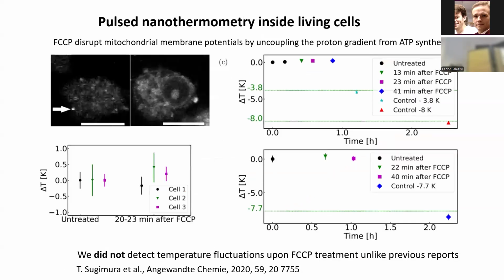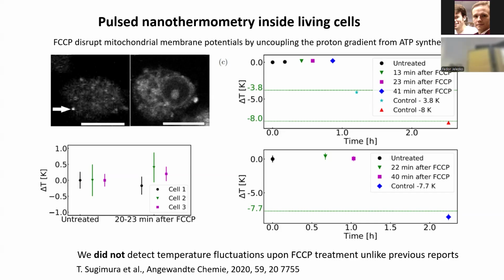And so now with this technology we can apply it to cells and try to reproduce experiments where the mitochondria have been perturbed by the special agent FCCP, which affects the proton transfer through the membrane. We have doped our cells with the nanodiamonds.